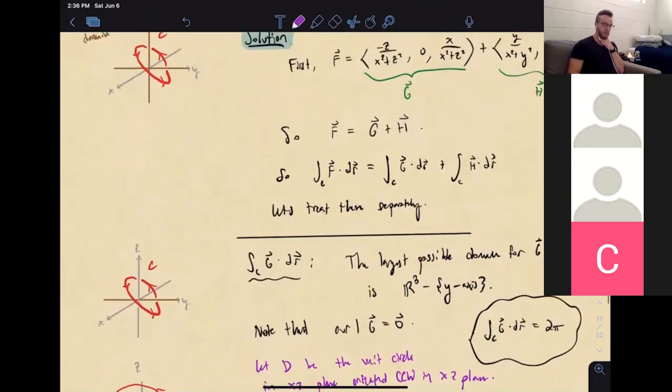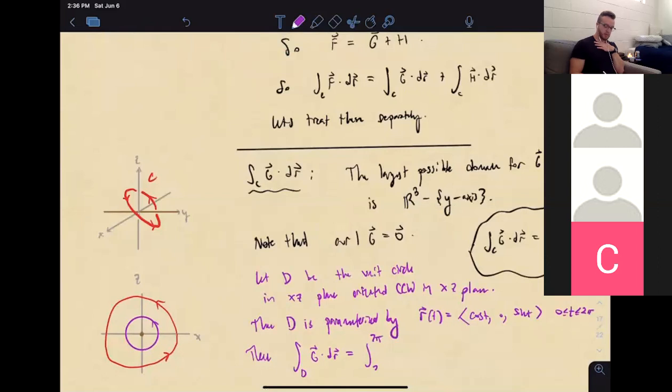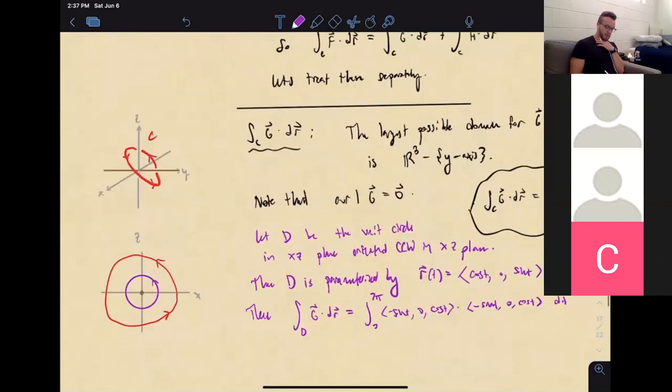That'll be negative z, 0, x dot r prime, which is negative sine t, 0, cosine t dt. You get 1. We've done this computation like 10 times this quarter. You get 2 pi. So the integral over D is 2 pi.